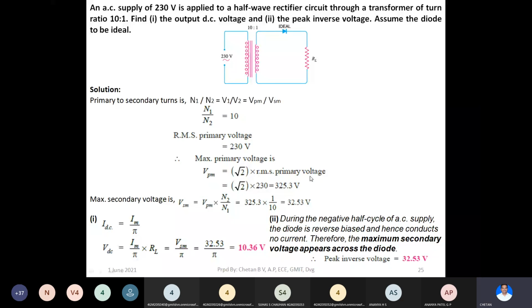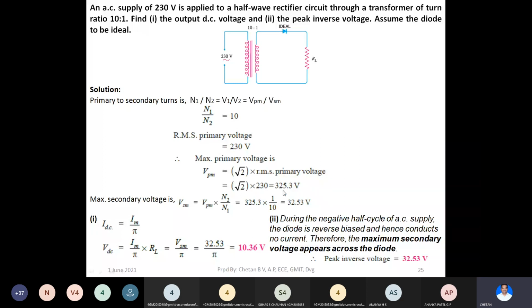We know that RMS value will be equal to peak voltage divided by root 2. To find out peak voltage, just cross multiply root 2 with the RMS value. So we know this RMS value, which is 230. Root 2 times of 230, what you get is 325.3 volt. So this is the VPM value.